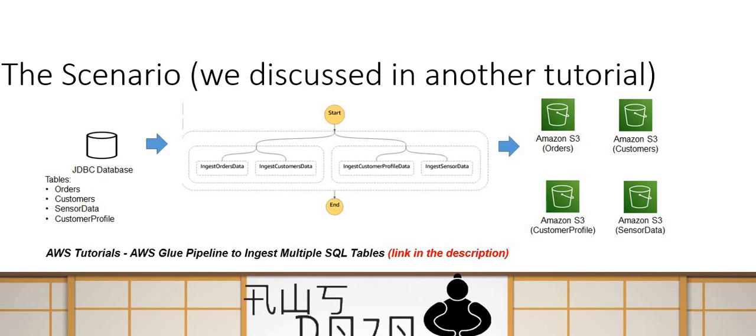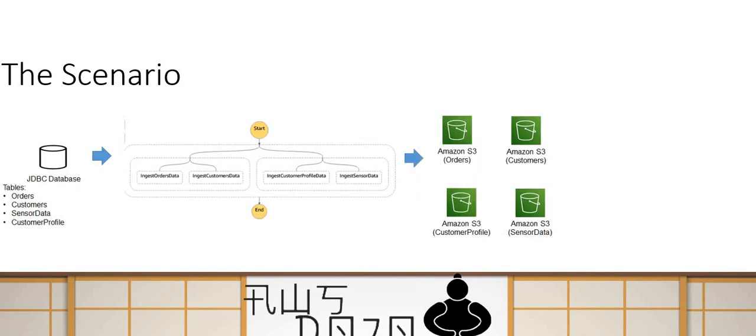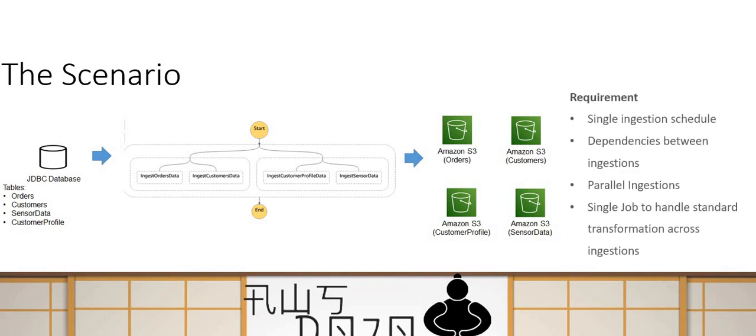As I mentioned, I talked about developing a single pipeline using a single job, but parameterizing the job so that the single pipeline can ingest data from multiple tables to multiple S3 buckets. When you are building such a pipeline, there are certain requirements.